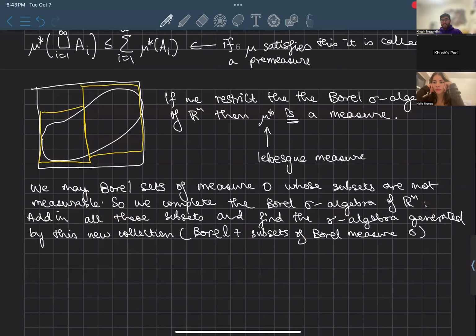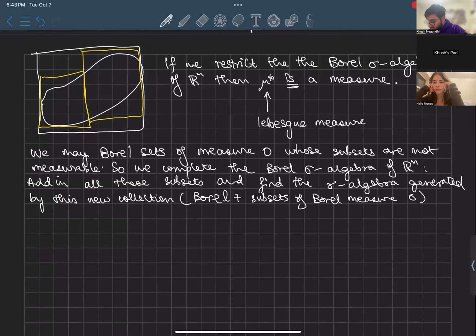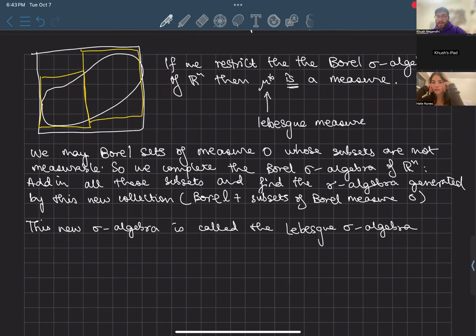Okay. This new sigma algebra is called the Lebesgue sigma algebra. And what we do is we extend the Lebesgue measure to this, so we extend mu star to this.